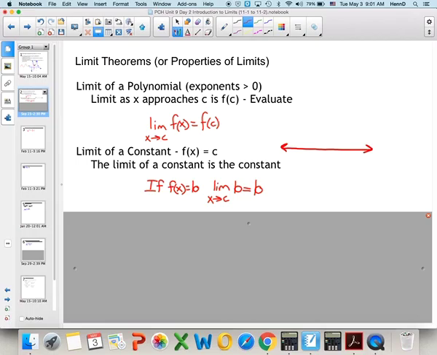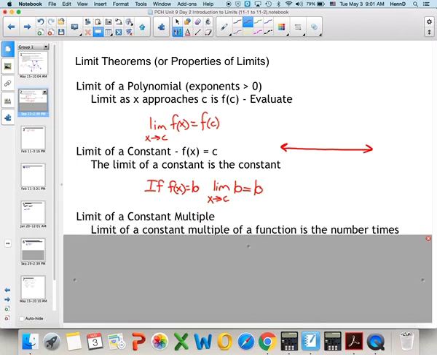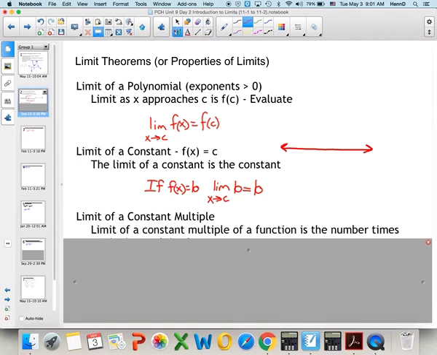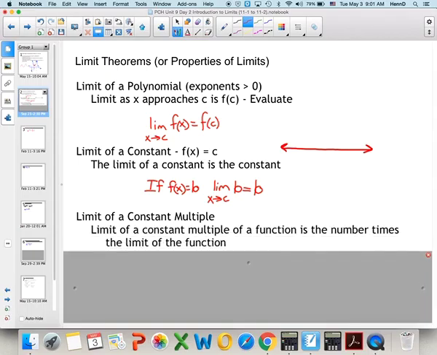Now let's get into some that are a little bit more interesting. The limit of a constant multiple. This one is kind of an interesting one. Let's say you have some function and then you multiply that function by 5. How would you find the limit of that new function? Well, the limit of a constant multiple of the function is the number times the limit of the original function.